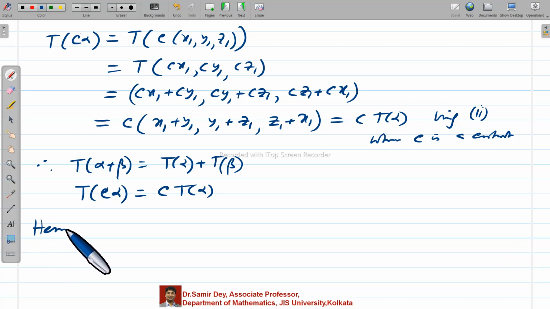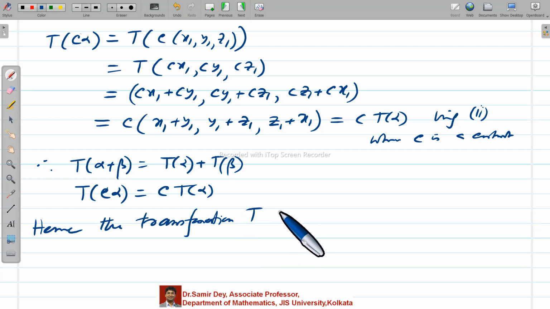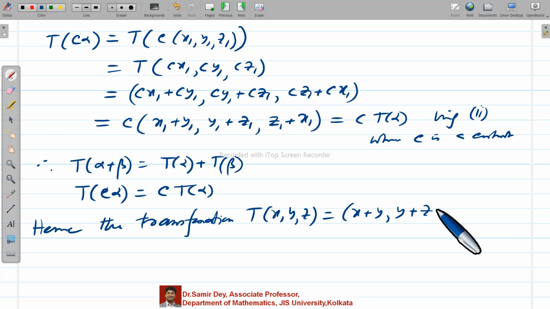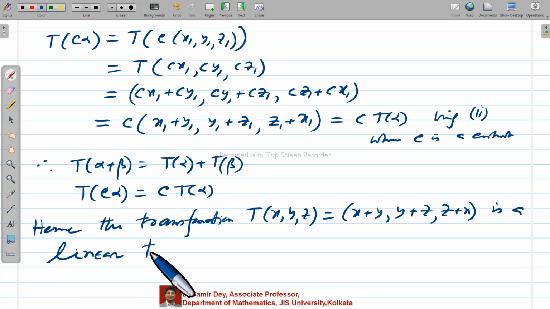So hence the transformation T of (x, y, z) is equal to (x plus y, y plus z, z plus x) is a linear transformation. Linear transformation. So first part is over.